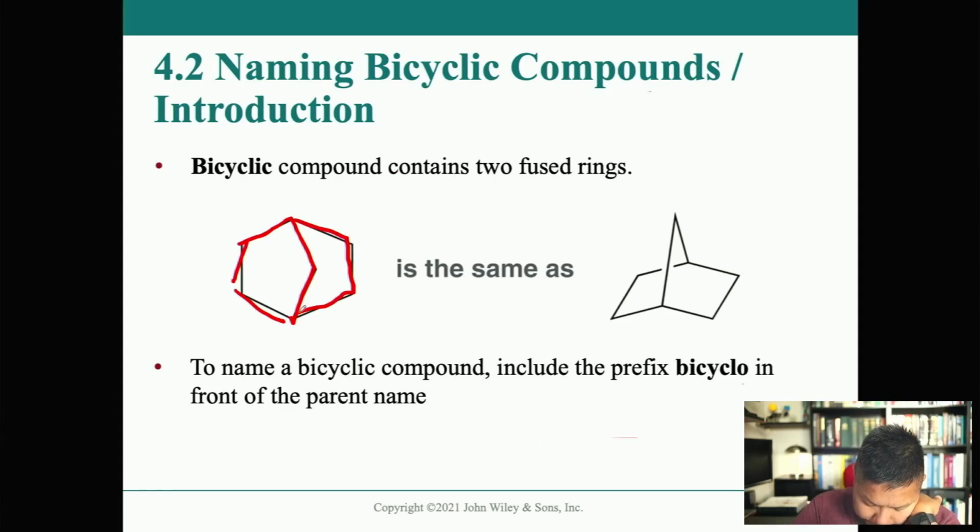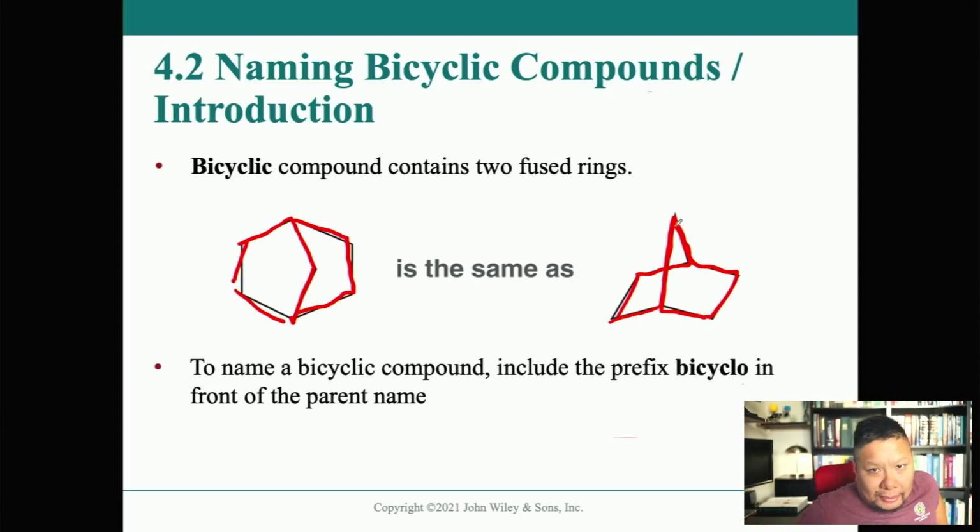When you flatten that out, it looks like this. Here's your first 5-membered ring. It almost looks like one of those optical illusions. And then here's your other 5-membered ring. So you have two 5-membered rings.